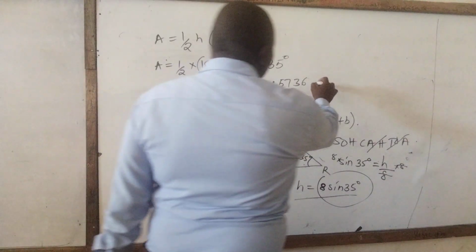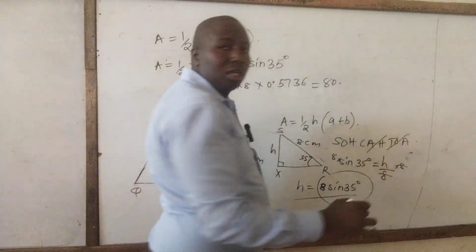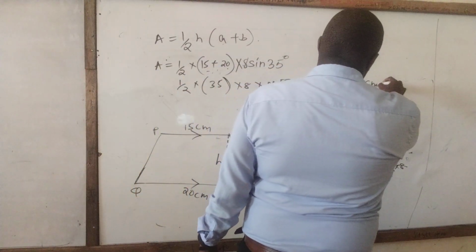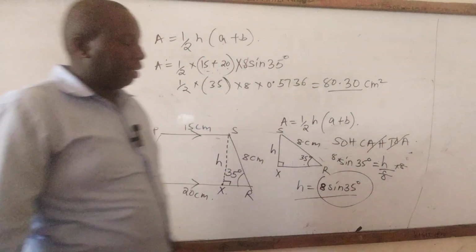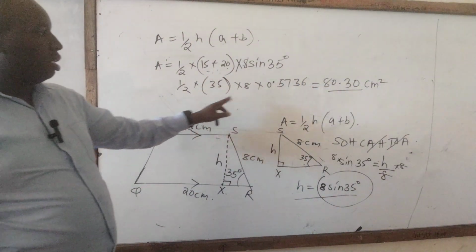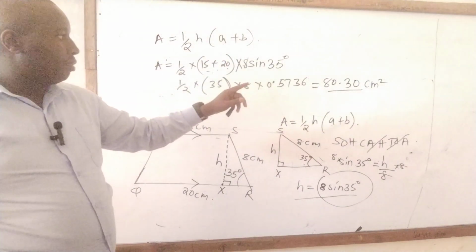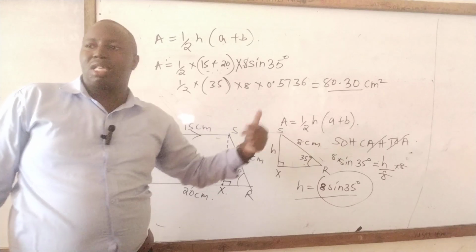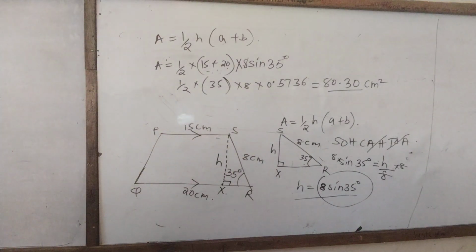The answer is 80.30 centimeters square. That's a better answer. So the area of this trapezium is 80.30. At least write your answer to 4 significant figures. So that's how you're supposed to get it.